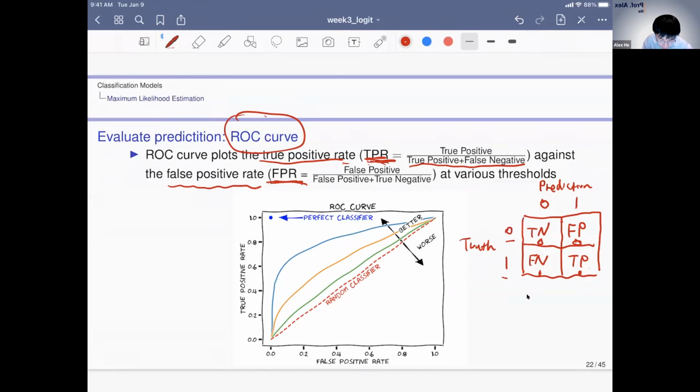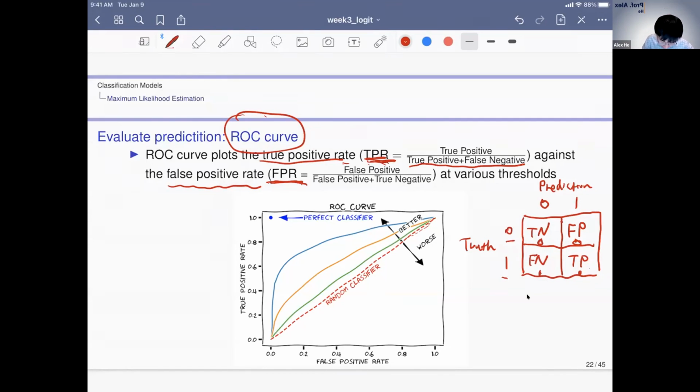When we plot these two numbers, a completely useless prediction would just be the diagonal, where the two rates equal each other. That's a completely random prediction: whatever the truth is, you always predict positive with some probability.